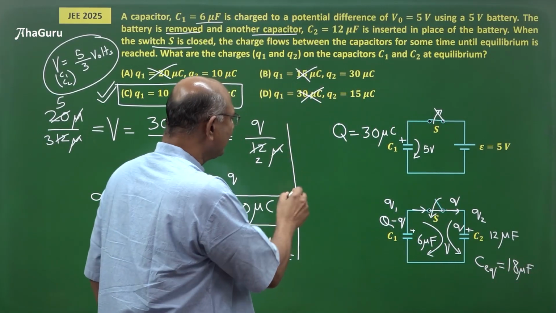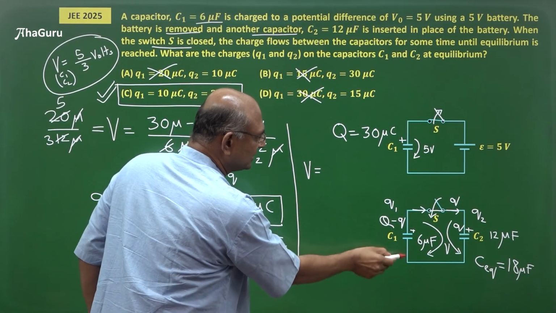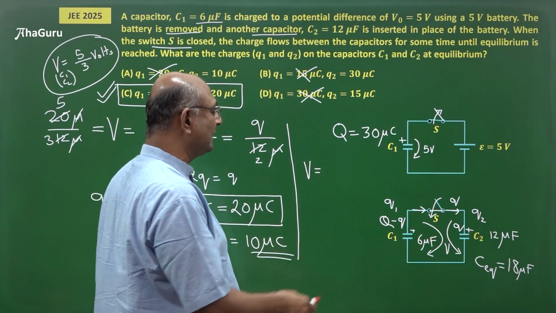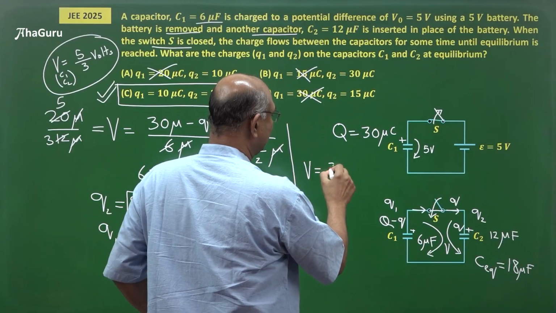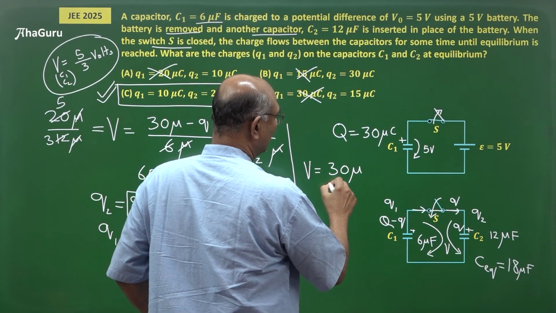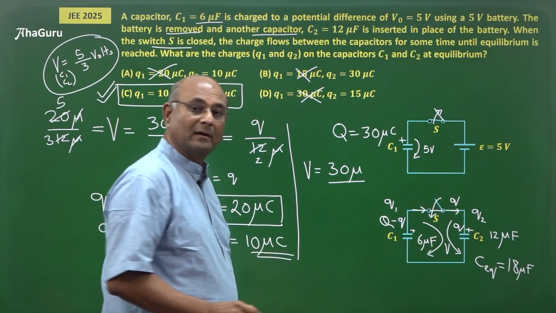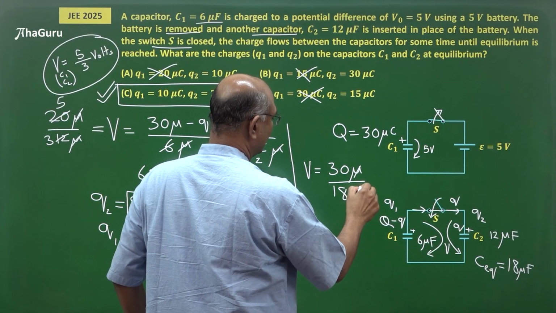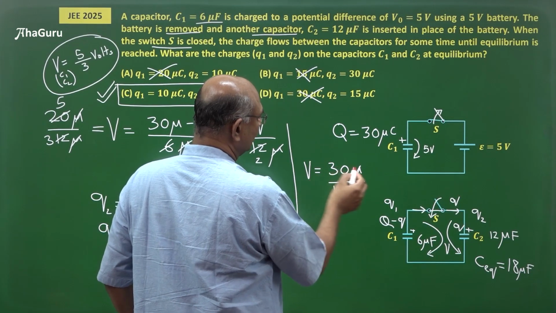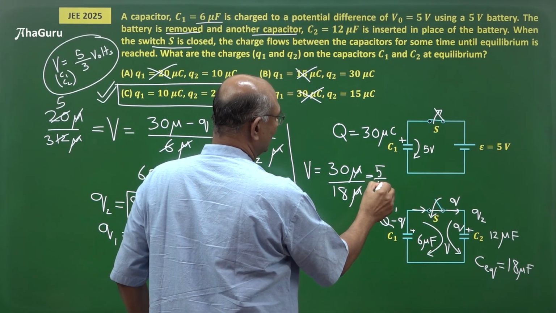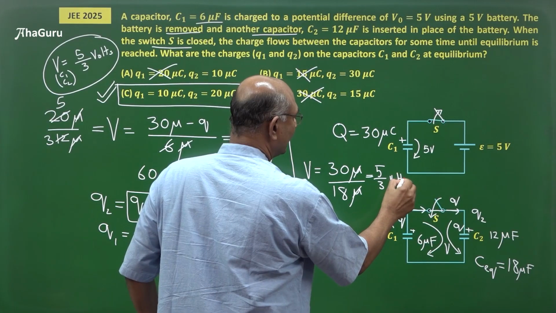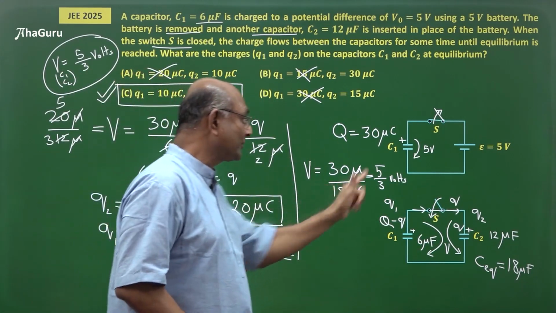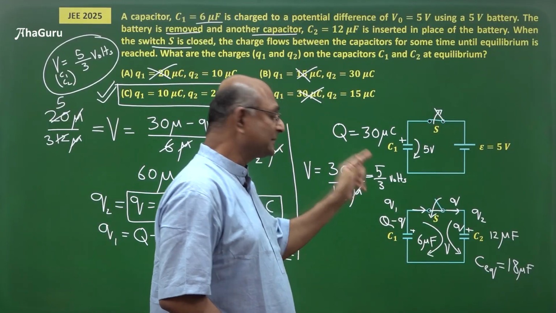Then the final potential drop V must be total charge divided by equivalent capacitance, 30 microcoulomb divided by 18 microfarad. 6 into 3, 6 into 5, so 5 by 3 volts. Hey, that's what we got here, but here we got it in one step.